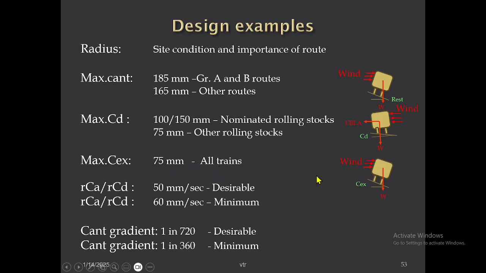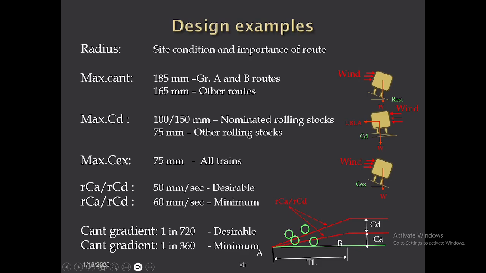So based on all such situations, from the safety and maintenance point of view, it has been limited to 70 mm for all trains. Okay, coming to the rate of change of cant, the actual cant efficiency and the cant gradient, these two parameters come into play in designing our length of transition.